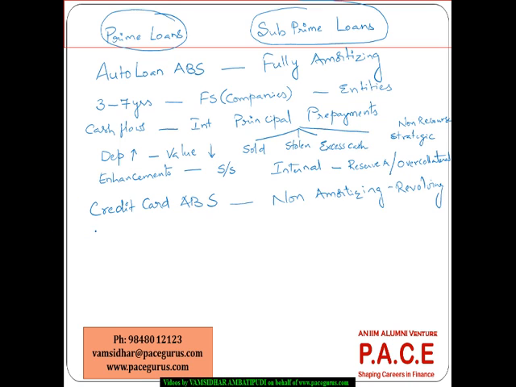Whereas on the other side, when I look at it from a credit card perspective, the underlying is the credit card receivables pool. The credit card receivables pool is the underlying asset that is purchased by the SPV, and based on that it is issuing the bonds.